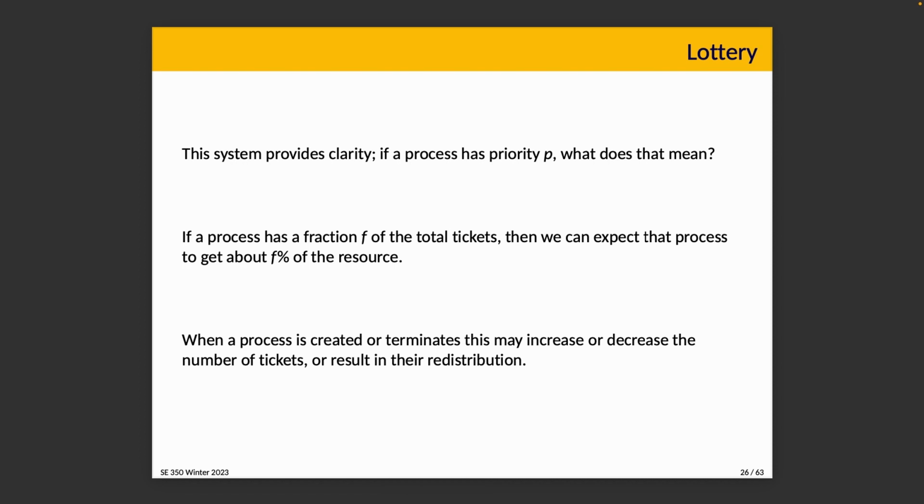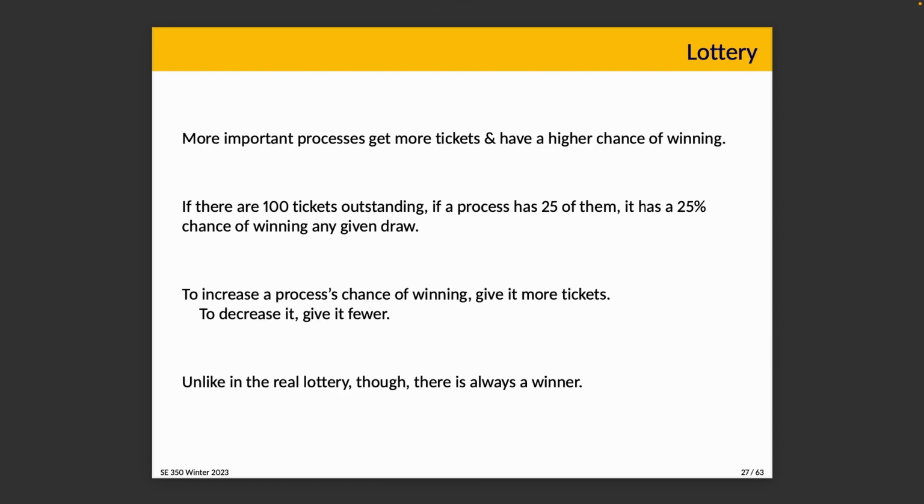When a process is terminated or created, we can increase or decrease the number of tickets, or redistribute them. That's the overall strategy. More important processes have more tickets and therefore a higher chance of winning.